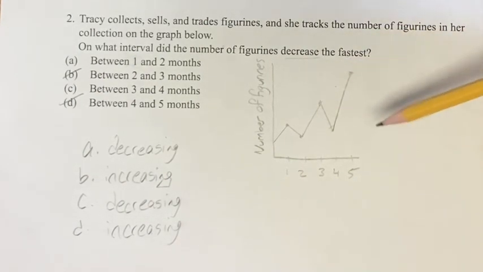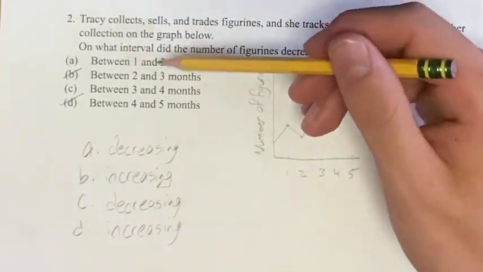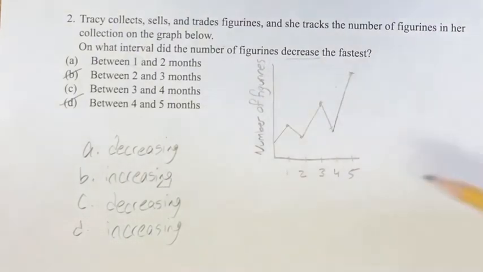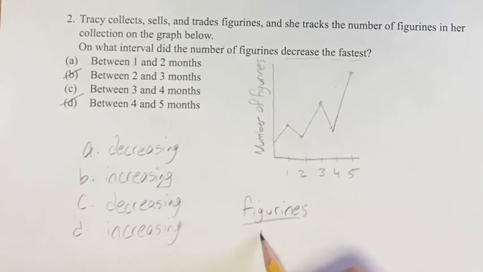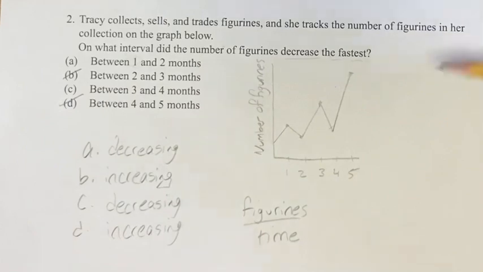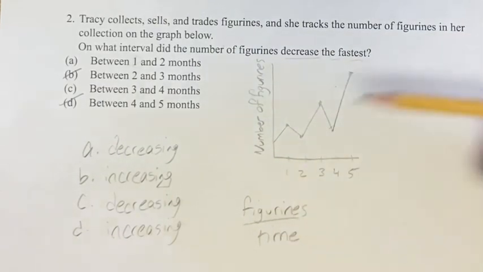Well, that just means on which interval of 1 month did the amount decrease the most, right? So fastest implies the rate of change. So that's figurines over time. Right, so your rate of decreasing could be, let's say, 5 figurines in a week, right, or 6 in 2 weeks, right?